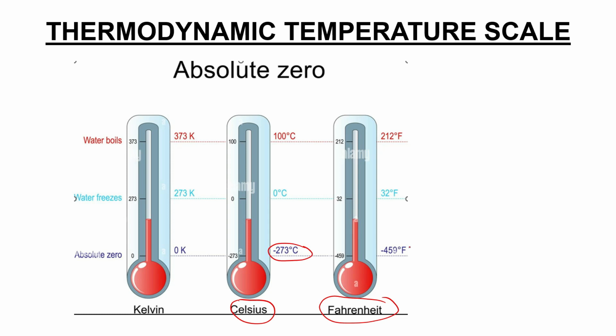For Fahrenheit, it will be minus 459 degrees Fahrenheit. This absolute zero is represented as 0 Kelvin in the Kelvin scale. That means the Kelvin scale is equal to the Celsius scale plus 273. This is the difference.